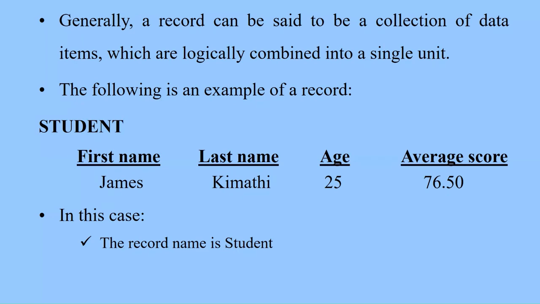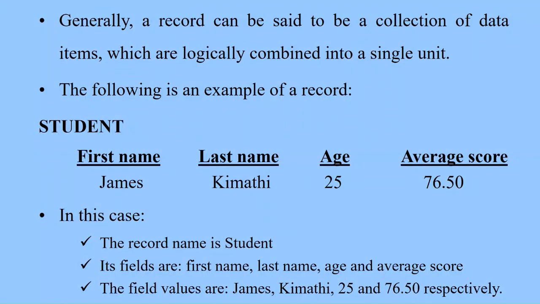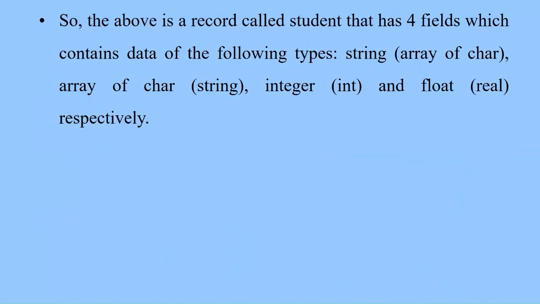And therefore, this record or this data structure is composed of elements of various types. The record in this case is called student. Its fields are first name, last name, age, and average score. The field values are James, Kimathi, 25, and 76.50 respectively. So the above is a record called student that has 4 fields which contain data of the following types: string, or what we call array of char, array of char or string, integer, and float respectively.